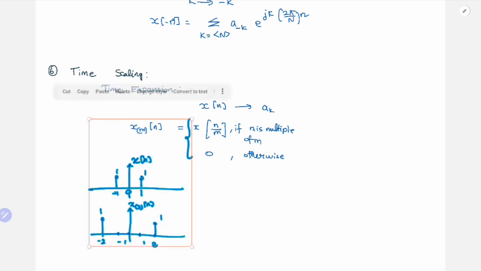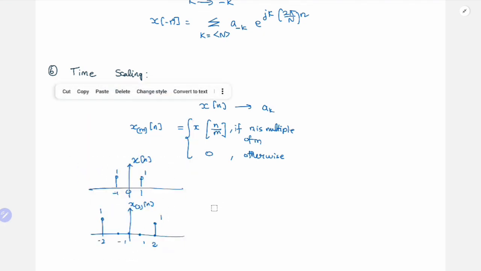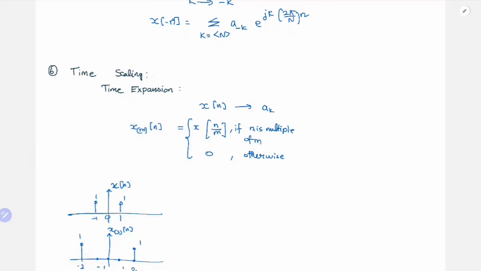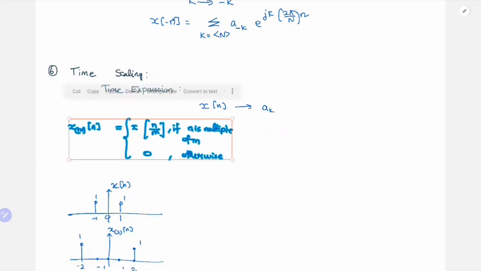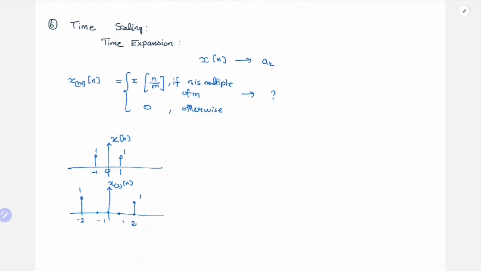So this is what they mean here. If this is our signal expression, then what will this give me? That we have to find. So let us write, let's say a_k bar. This is going to be periodic with period mn, because if this is periodic with period n, x of n by m will be periodic with period mn.